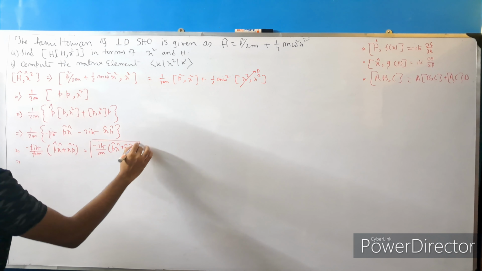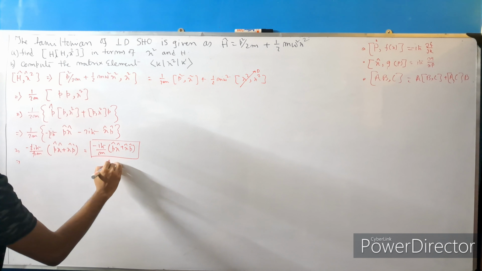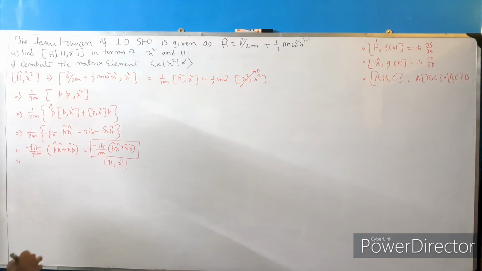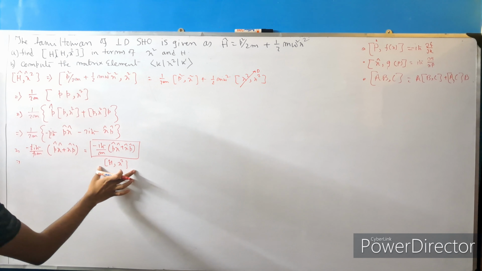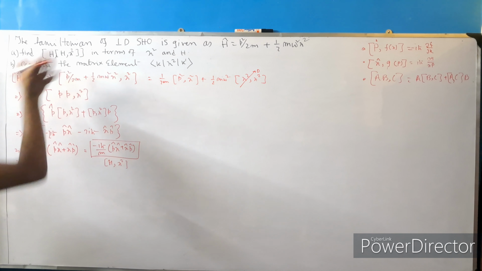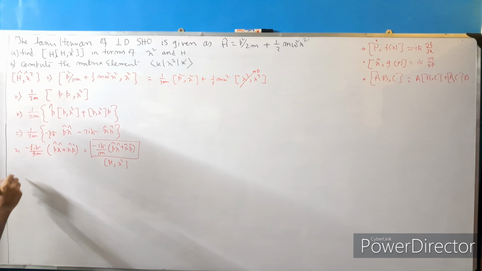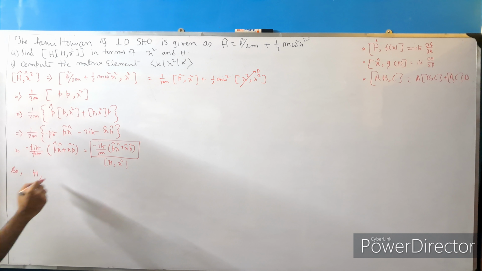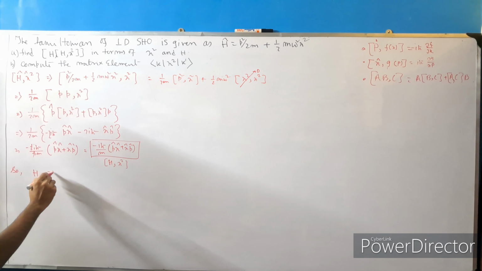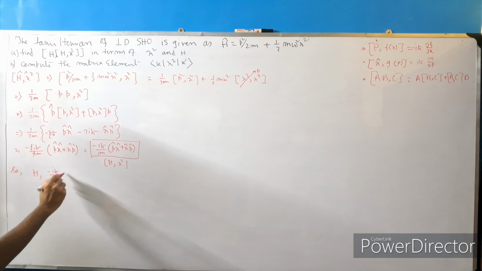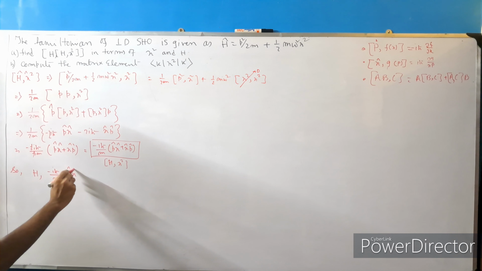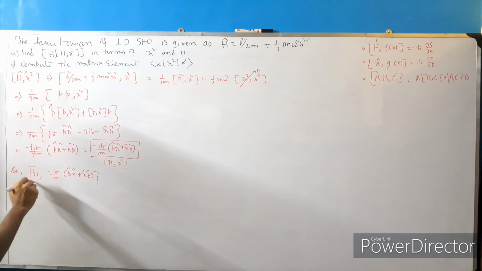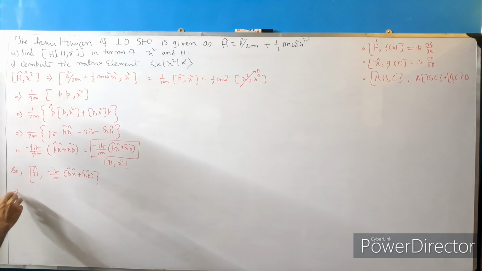So this is our final expression for the h comma x squared commutation. And now we have to put this thing inside this. So now [H, minus i h-cut by m (px plus xp)]. This whole commutation we have to calculate.